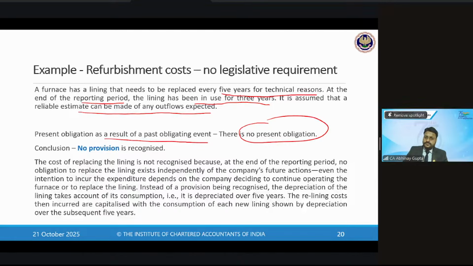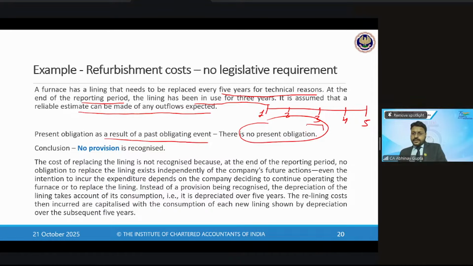No, not in this year. Then in which year? At the end of the third year. So at the end of the third year, we are already sitting now. It was a cycle: year 1, year 2, year 3, year 4, and year 5, right?